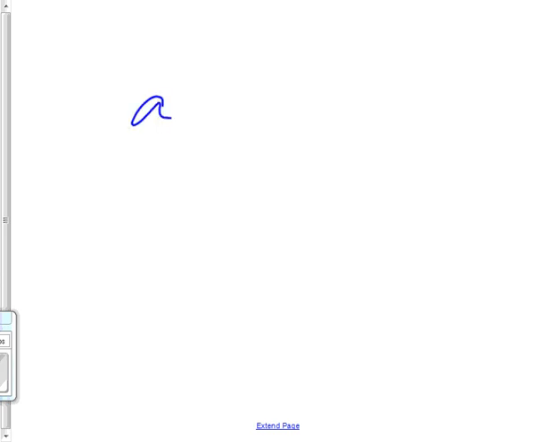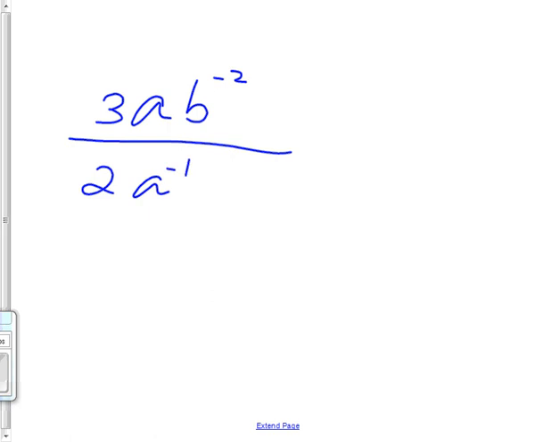All right, last thing is when, not last thing, second to last thing. If you have problems like this, 3a, b to the negative 2nd, all over 2a to the negative 1st, you got to know how to flip something when it's in the middle of a fraction. How do I flip or put 1 over just this part right here? What do I do to it?